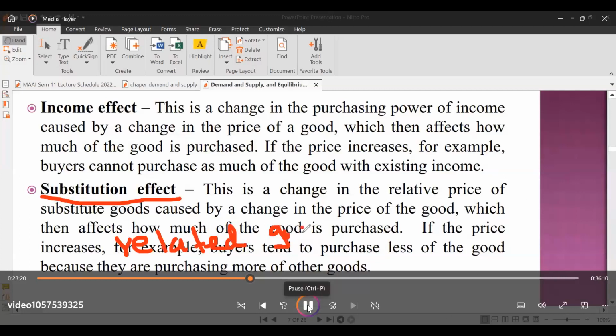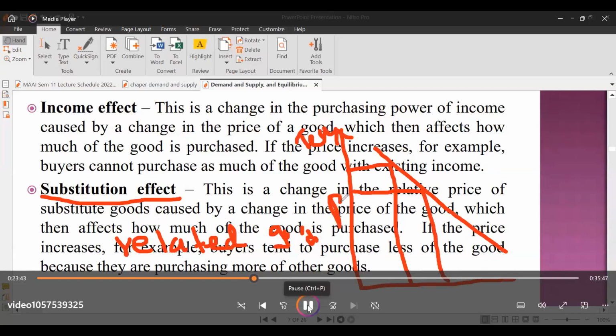The substitution effect. Say, for example, that this is related to tea. The demand curve looks like this. When the price of tea increases, what will happen?